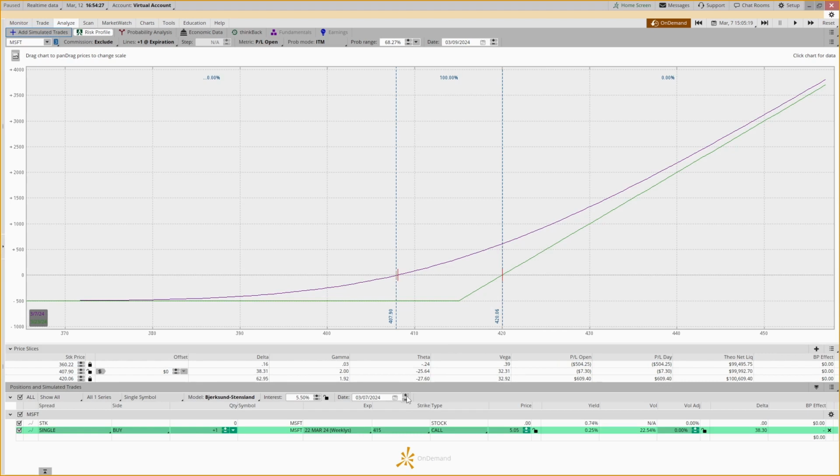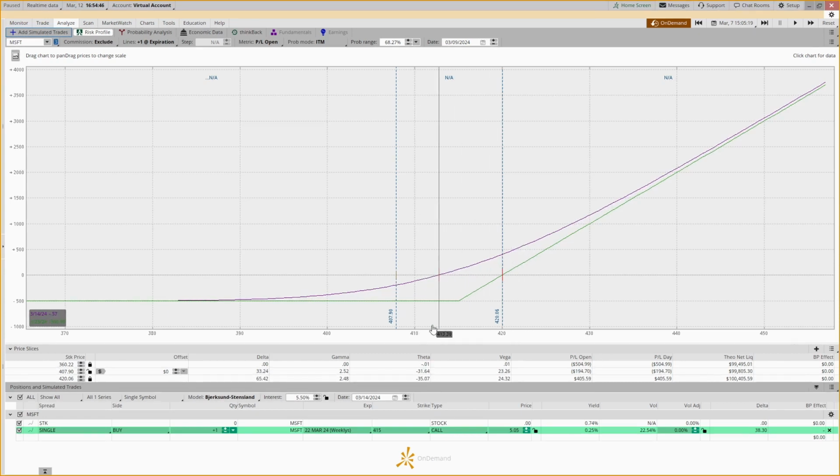But if time passes on, look at what happens here. As time passes, that profit that you see right there starts to diminish as you get closer to the expiration date. And look at something that's interesting. If you look at this purple line closely, what do you start to notice?